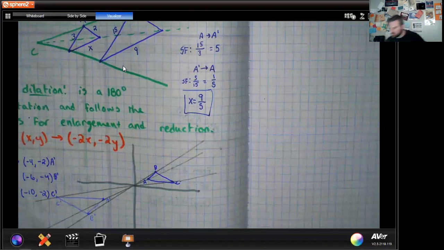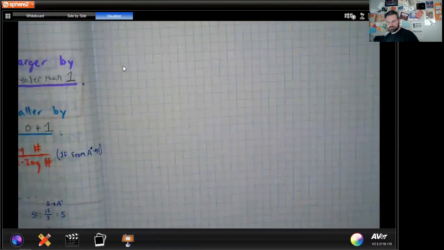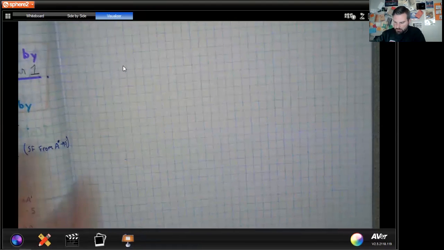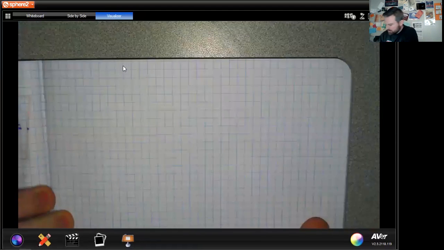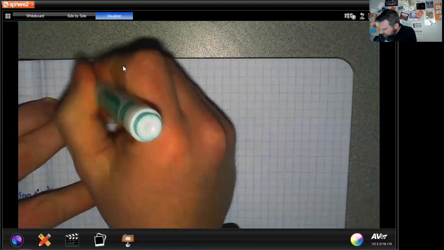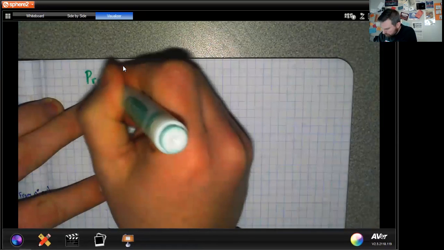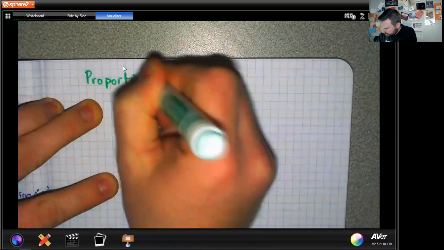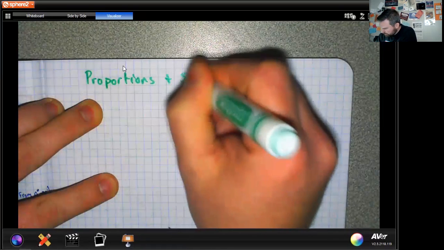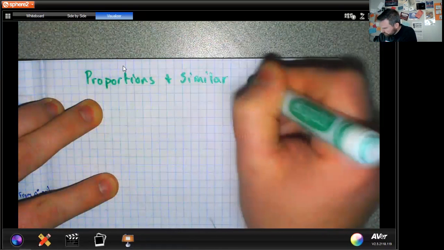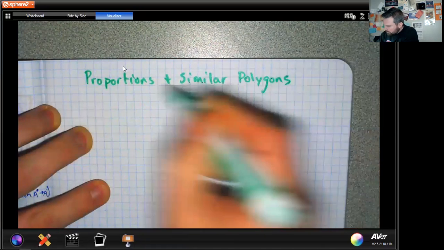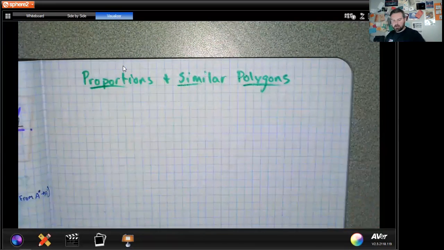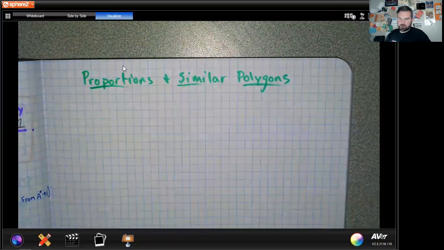Okay, so here on page 67, we're going to look at proportions and similar polygons. Now, I say polygons, but we're going to look at some triangles too. Triangles are polygons in this section.